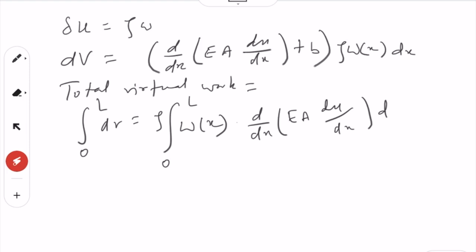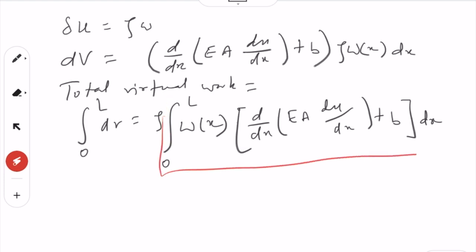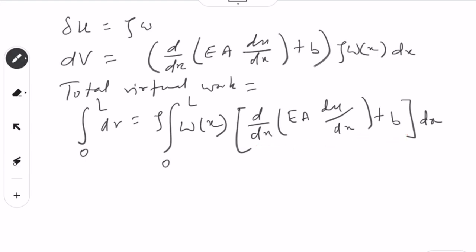So just write plus b, dx. This one you have seen earlier. This is what you called the residual earlier, right. So this is the residual multiplied by the weight function, and then you integrate over the whole length.